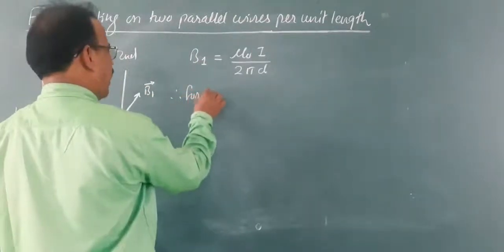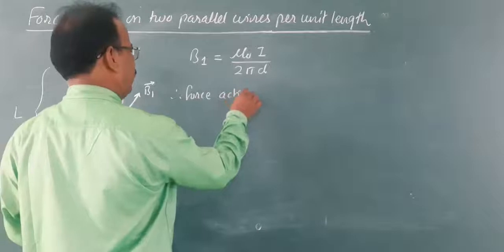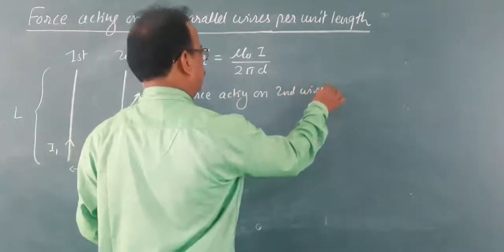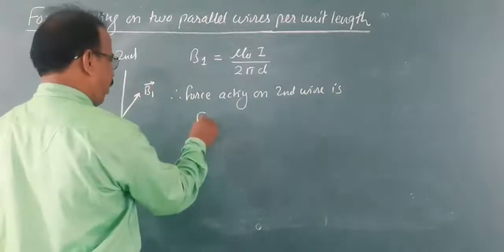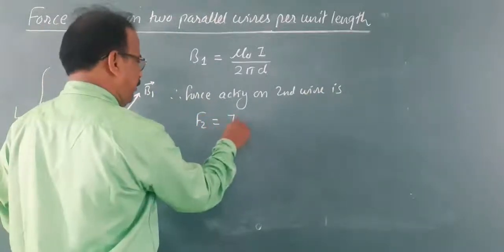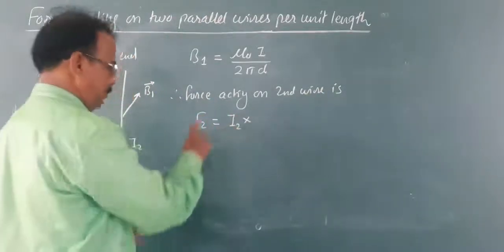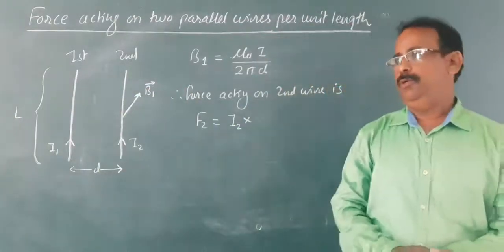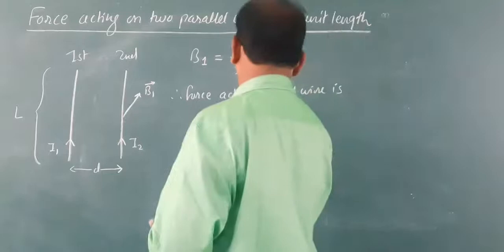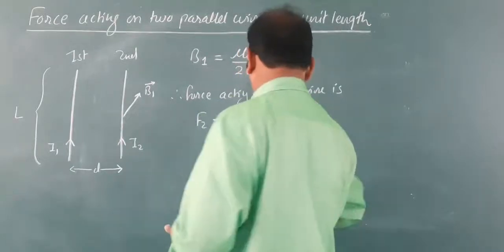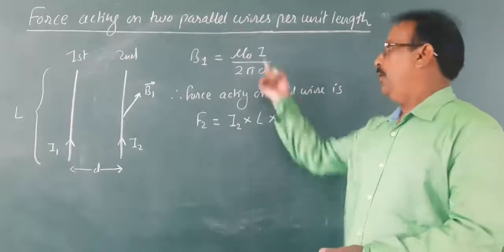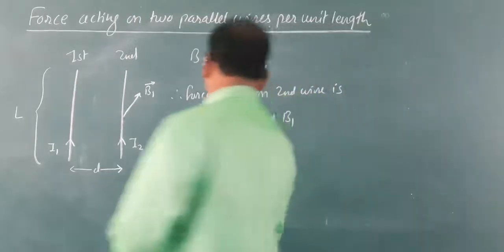It is the current passing through the wire, into the length of that wire, into the magnetic field in which that wire is present.